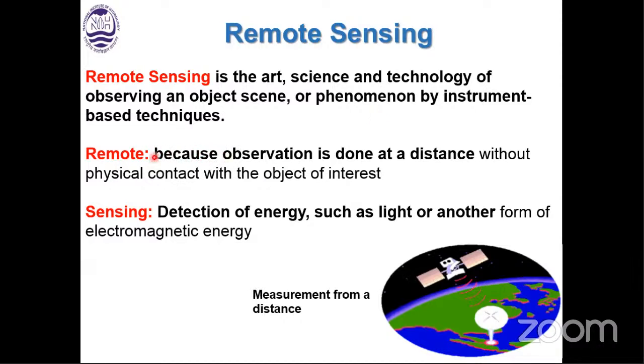Remote means the observation is done at a distance, without physical contact with the object. Sensing means detection of energy such as light or another form of electromagnetic energy. That energy can be sound waves, radar waves, or any other electromagnetic waves that we are using for sensing.